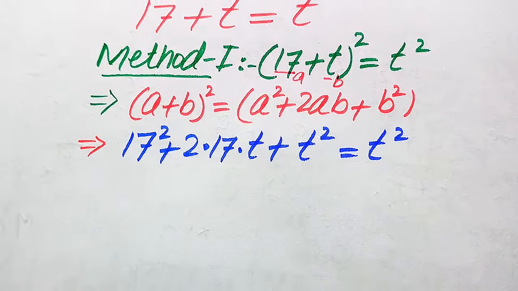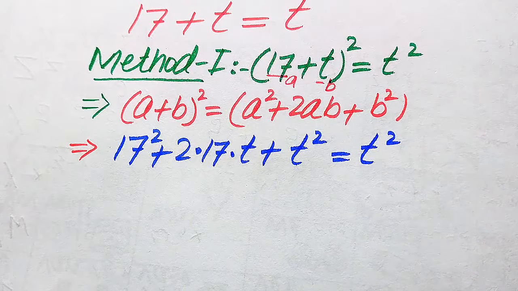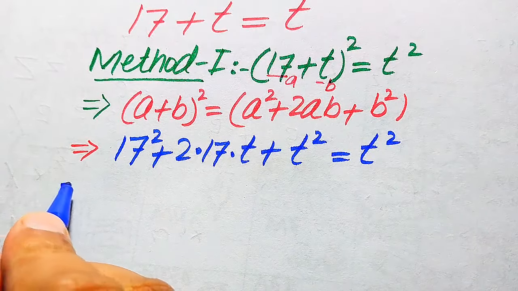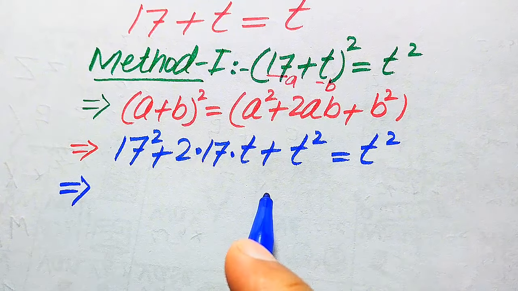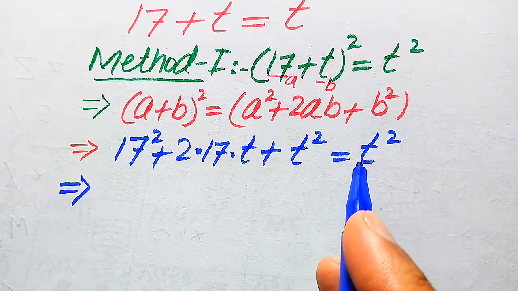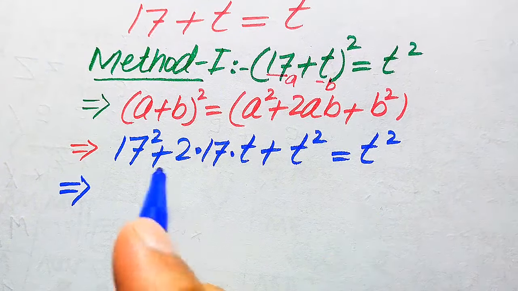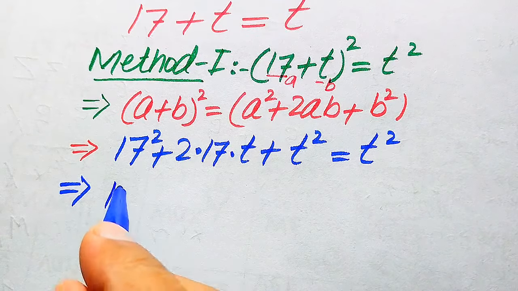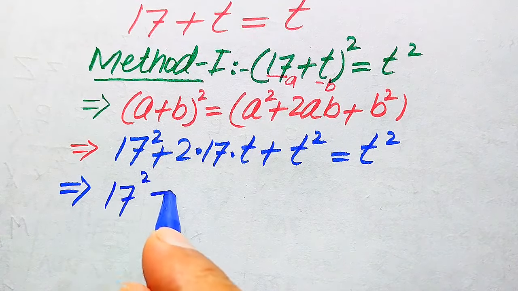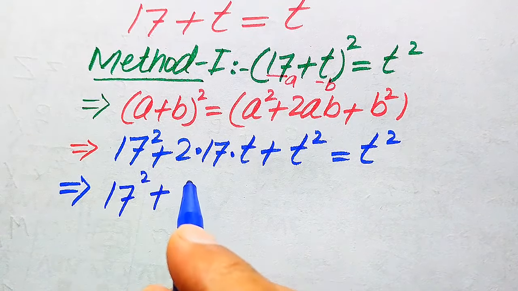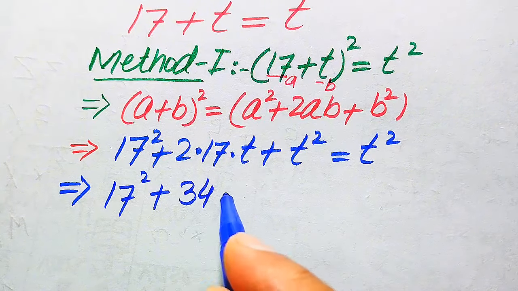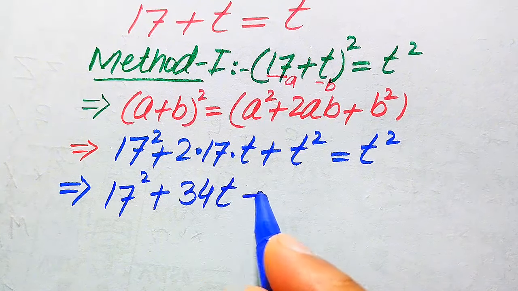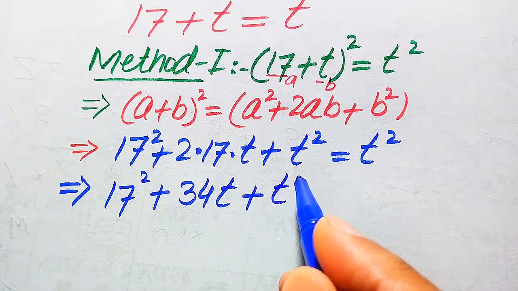Further, you see our target is to find the root of this equation, or the values of t. So that's why we need to move this t square from the right hand side to the left hand side, and it will be written as 17 square plus 2 times 17, which becomes 34 times t, plus this t square.